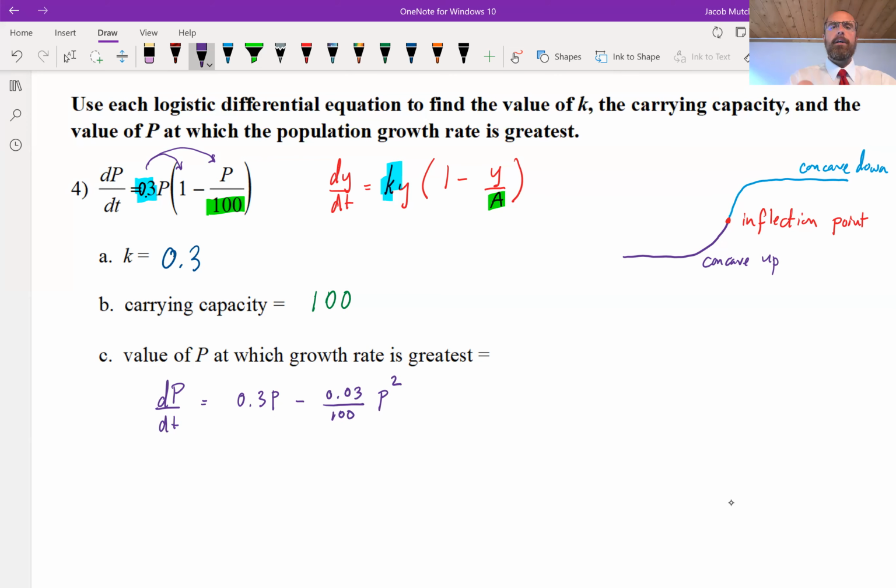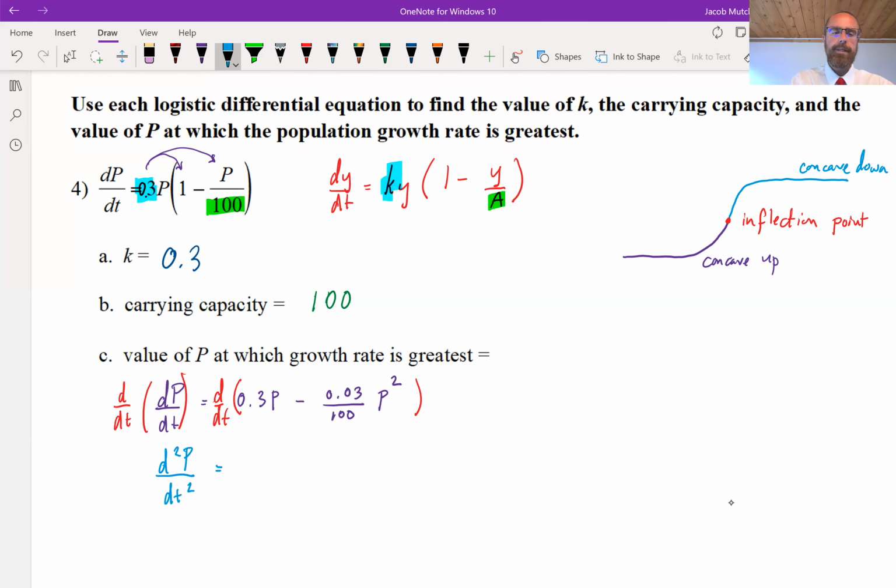And then I just want to differentiate on both sides. So I'm going to write d/dt here, using the Leibniz notation, on the right side. So now what I've got on the left is the second derivative. So the second derivative of p with regard to t is going to be equal to, I'm going to just take the derivative of these two terms.